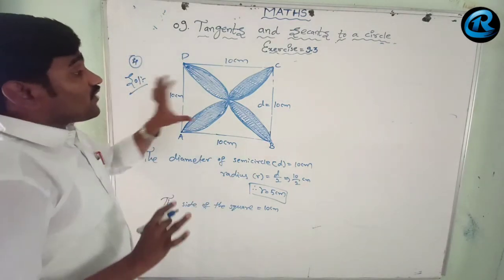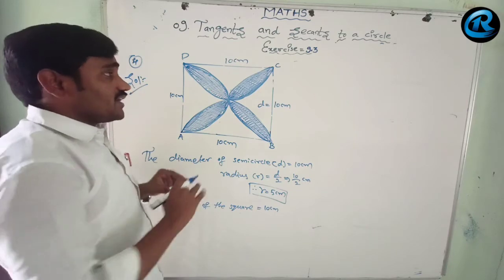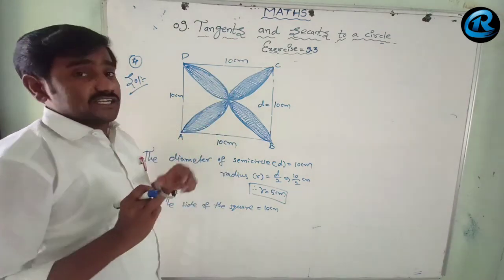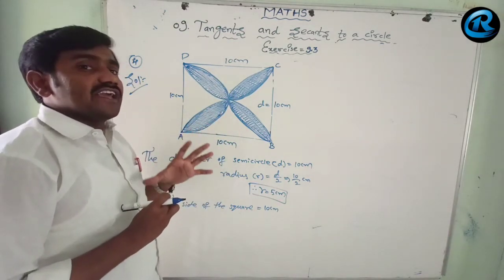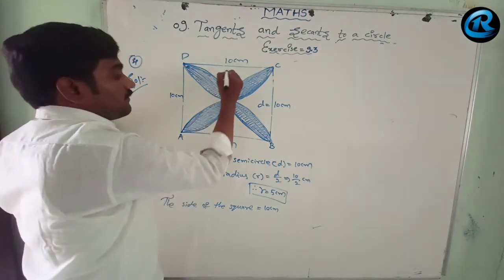Now how can we find the area of the shaded region? Directly we cannot find the area of the shaded region, but we can find the area of the unshaded region first.